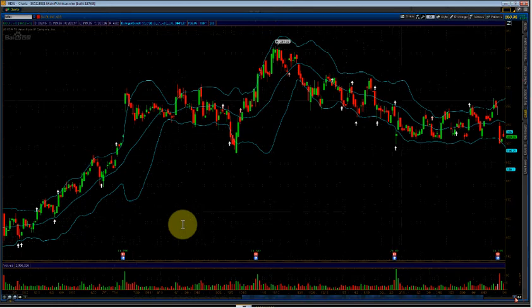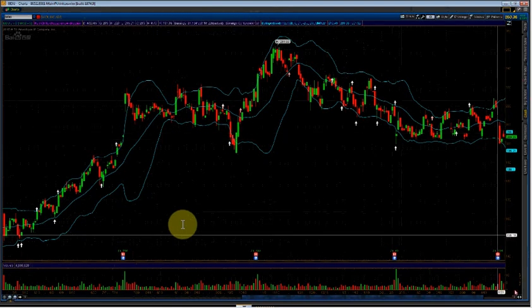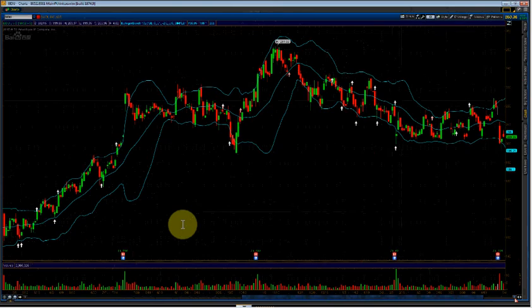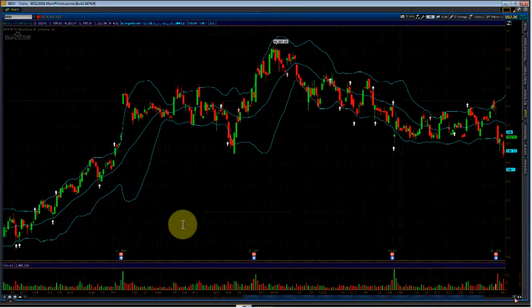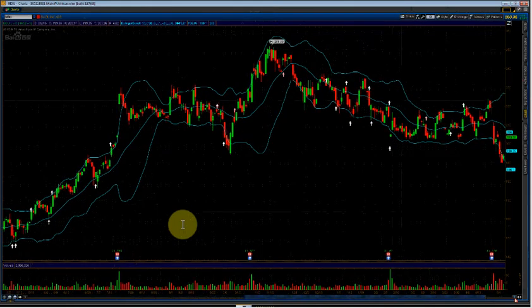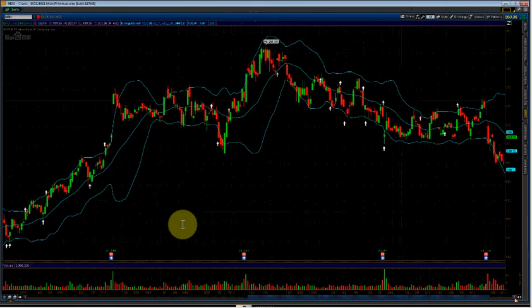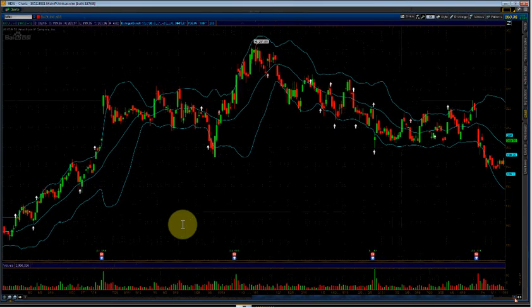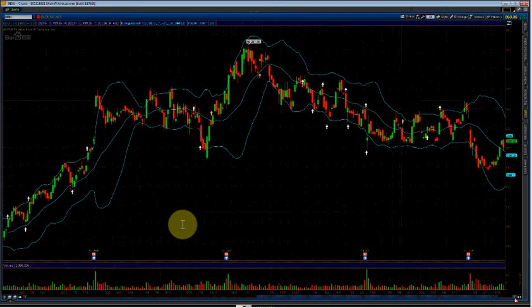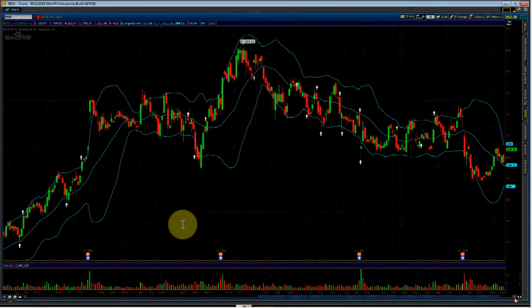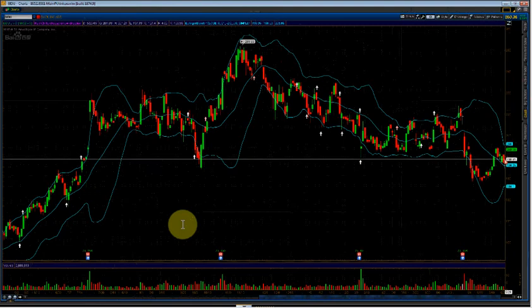Would I have bought that red candle? Down, my moving average is now pointing down, and I got a red candle. Am I going to buy it? No. But it keeps moving down. It moved down. Oh my Lord. Am I buying on this red candle?